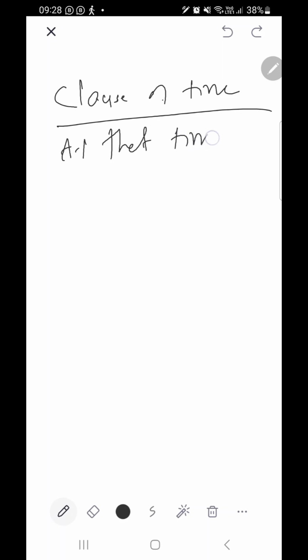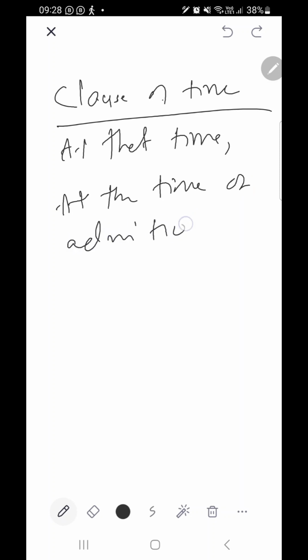Now we can write the clause of time as well. Let's say, at the time of admission. These are clauses of time.